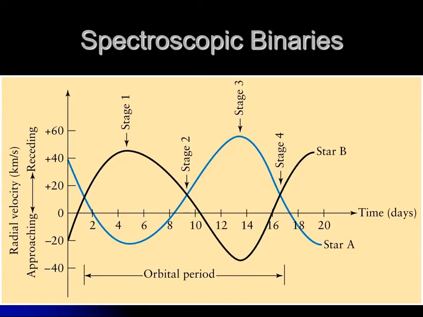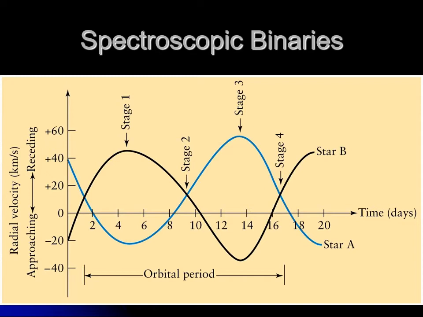Here we have, for example, a graph of some spectroscopic binaries. They're going towards and away from each other, and they're crossing at this point right here, where neither of them is going towards or away. But the entire thing turns out to be receding, so the entire system is going away from us.